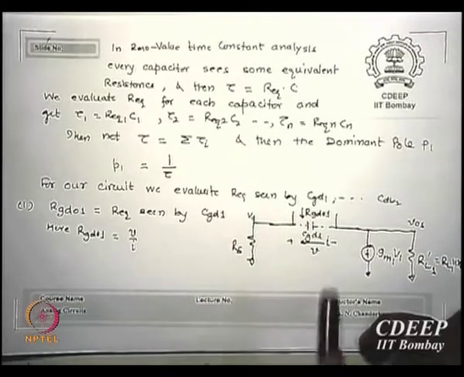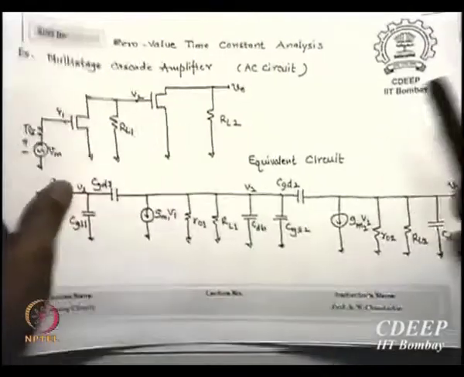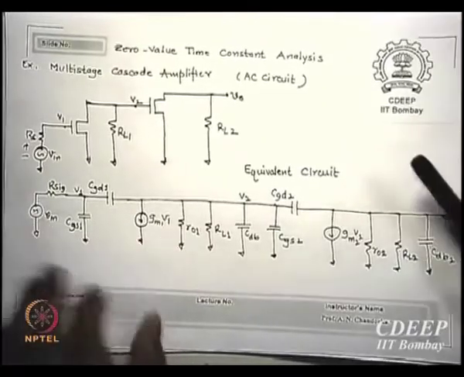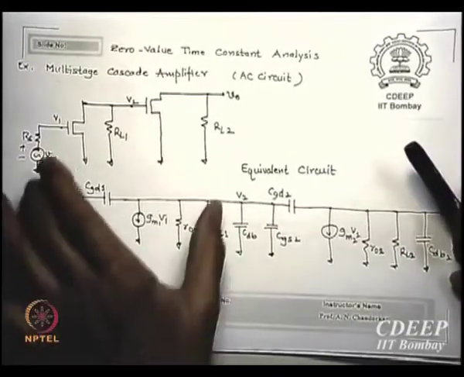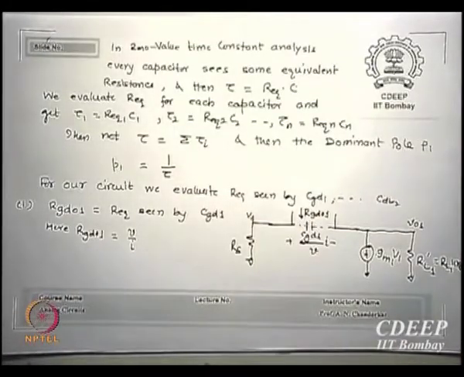So the first capacitance of interest is CGD1. I am talking of this circuit, CGD1. This is V2. Whenever I do this analysis, the first thing I do is short all independent sources: open the current source and short the voltage source.